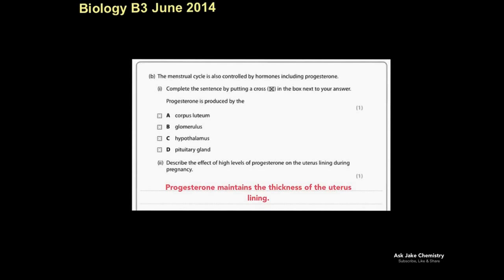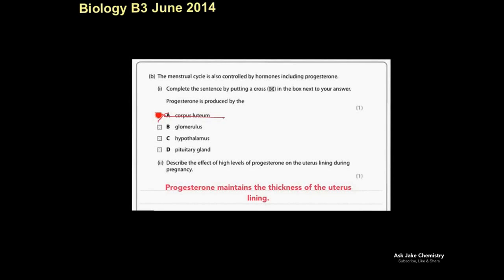So you have a choice of 2, the corpus luteum and the pituitary gland. But of course, if you have revised, you would know that it's actually the corpus luteum, and I'll explain this in the next part.